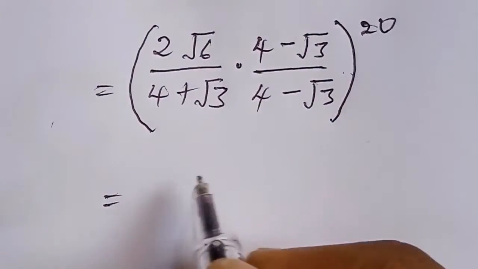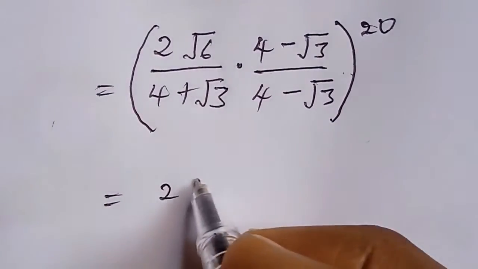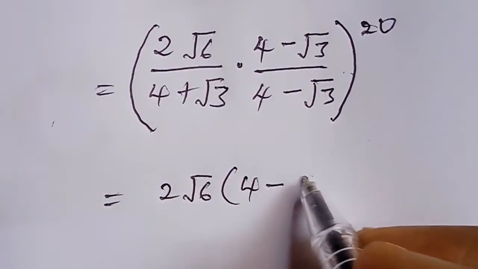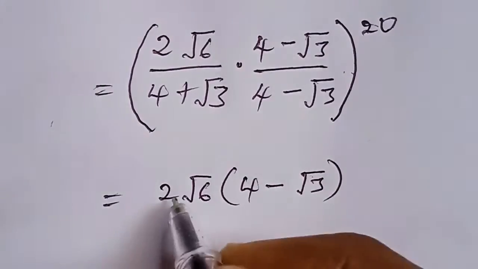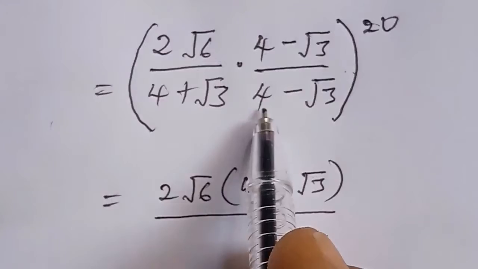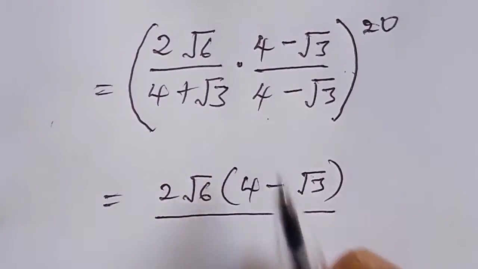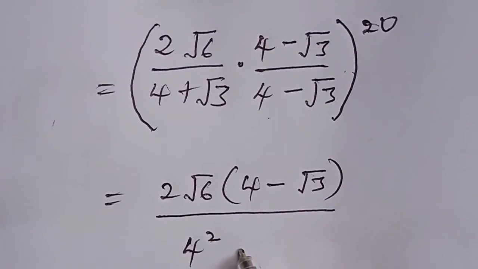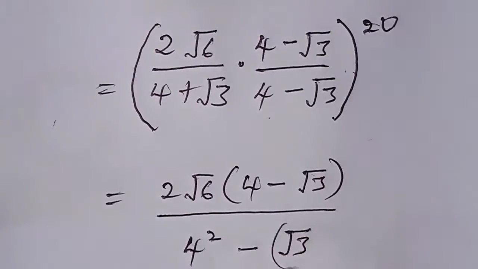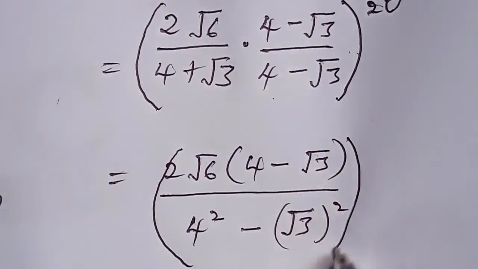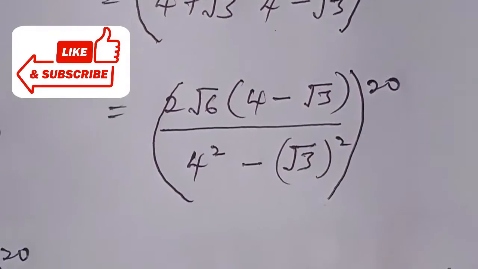So we have this to be equal to 2 square root of 6 into bracket 4 minus square root of 3, all over, this in form of difference of two squares can now be written as 4 to the power of 2 minus square root of 3 to the power of 2. Everything will be in the bracket to the power of 20.